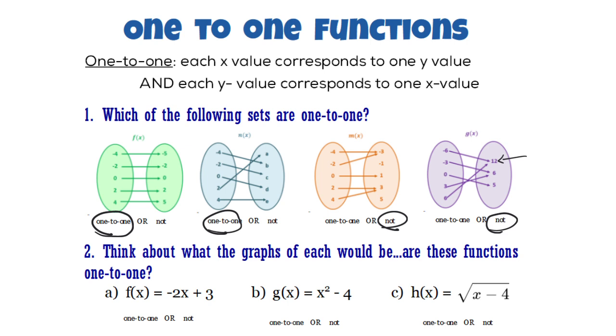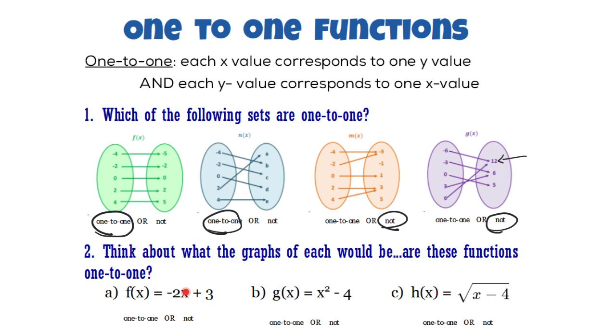But also, we want to be able to look at something that is an equation. And can you determine if that would be considered one-to-one? The way you think through it is that if you put some value in for x right here, is there any way that you would end up with two different values for y?